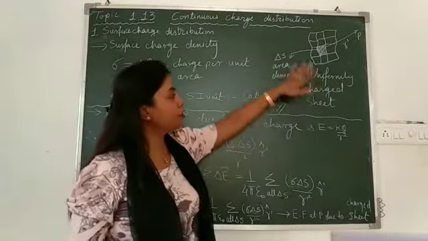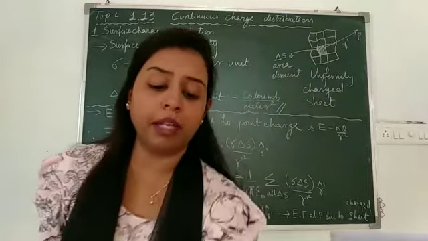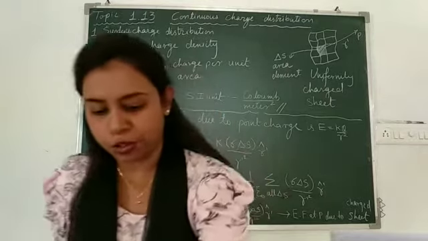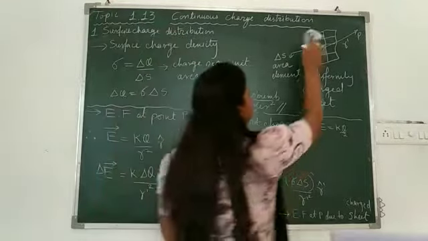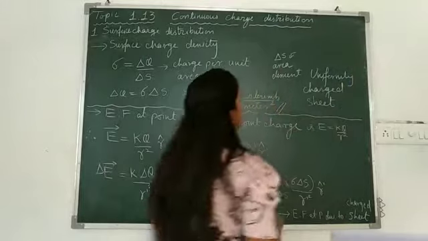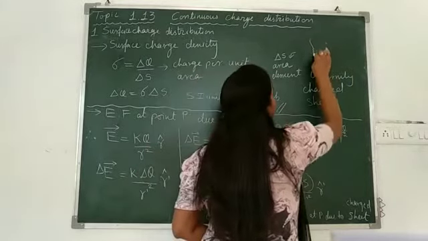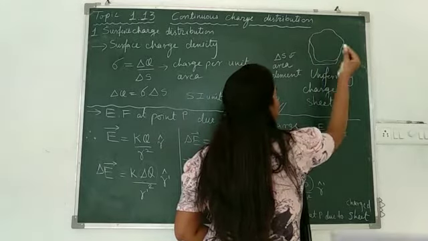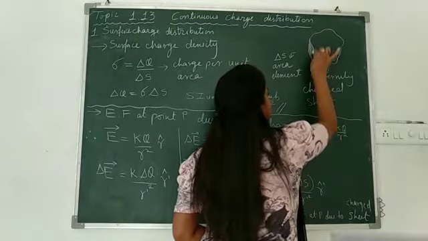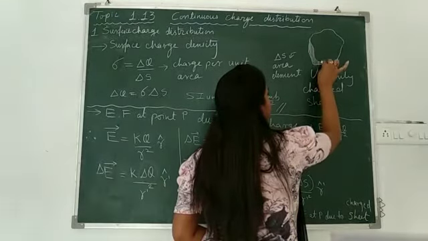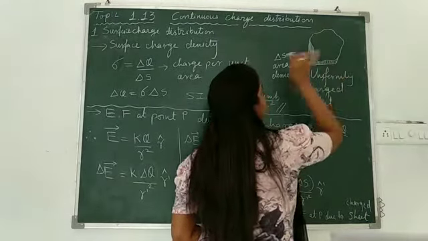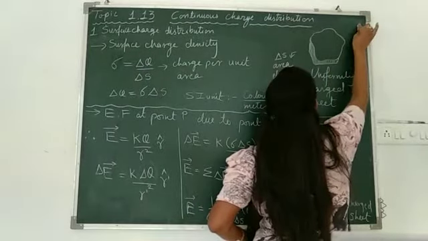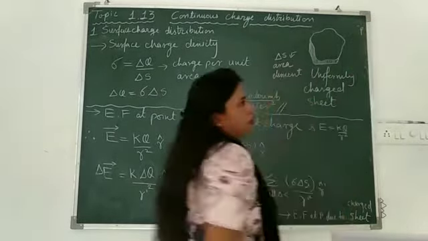So now instead of this uniformly charged sheet, if I am having a solid body like this, then this will be known as volume charge distribution. So for that, we have to change the figure. Suppose we have a solid body like this, and we need to calculate electric field due to a solid body at this point P. So what we will do?